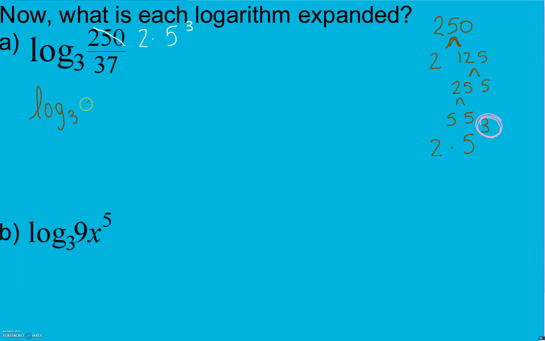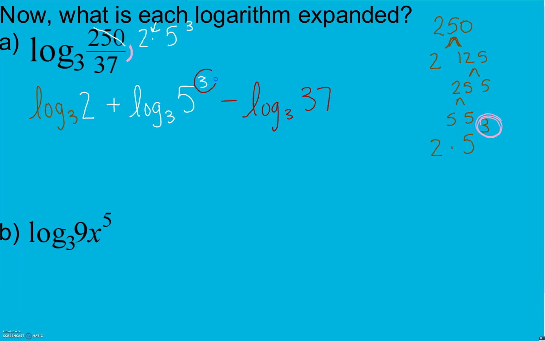Start off with log base 3 of 2. Multiplication means we're going to add the second logarithm when we expand. Log base 3 of 5 cubed. Then, when we divide right here, we subtract log base 3 of 37.